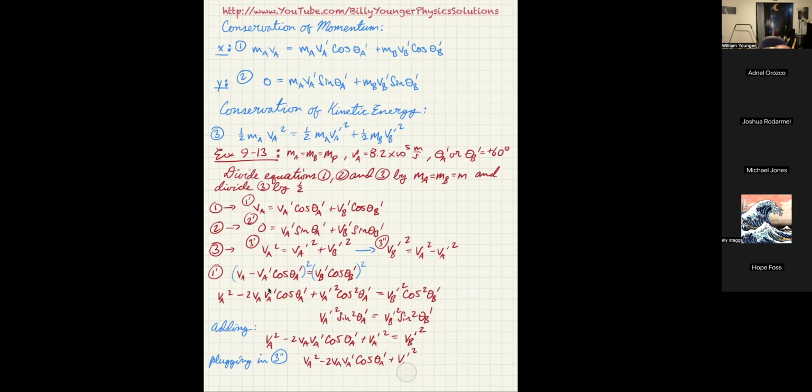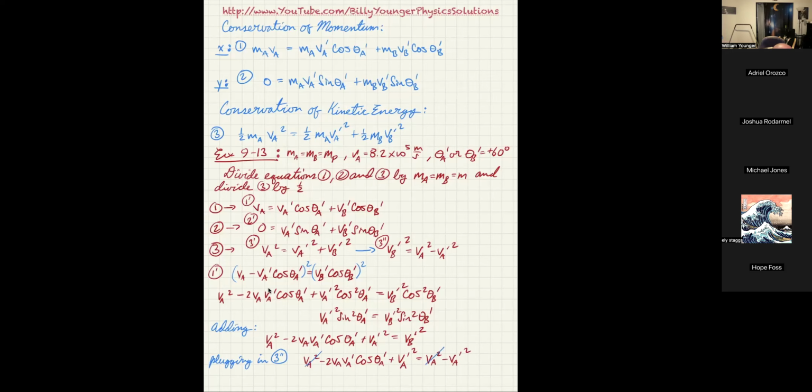I made that A not so obvious an A. That looks a little better. And now in place of VB prime squared, I'm going to put that 3 double prime, which is VA squared minus VA prime squared. I think you can see that the VA squared on each side cancels out.